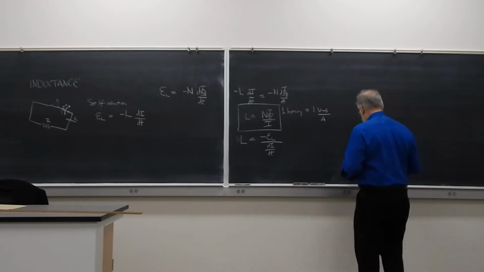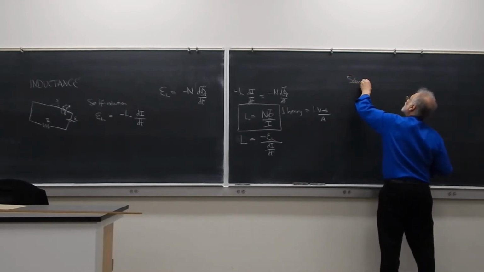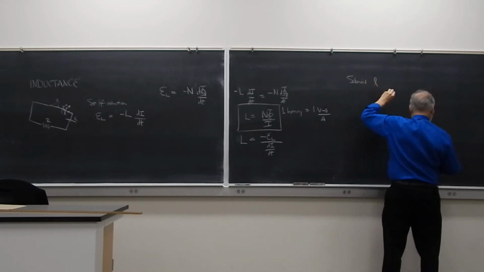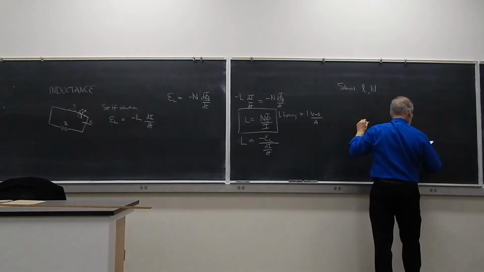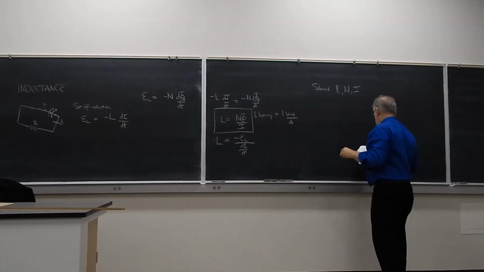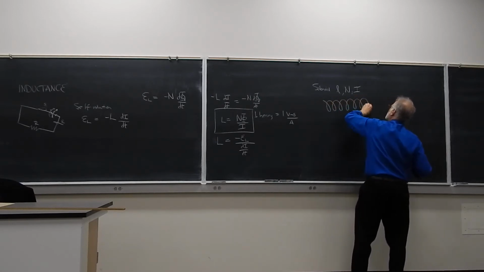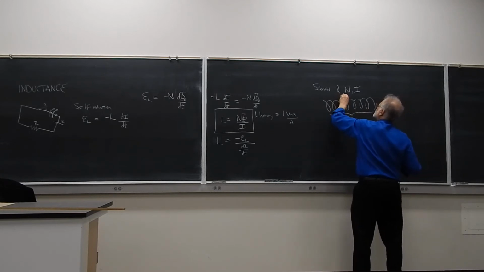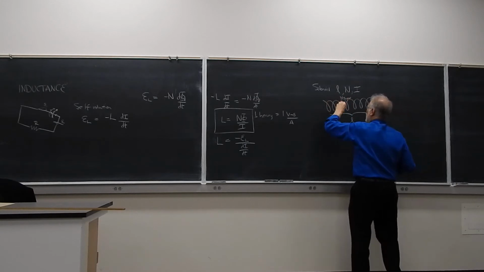Let's find the inductance of a solenoid of length L with a number of turns, capital N, and a constant current I going through it. So here's my solenoid. It's a long solenoid. It'll have a length L. It's got N turns, and as we said, some current I going through it.